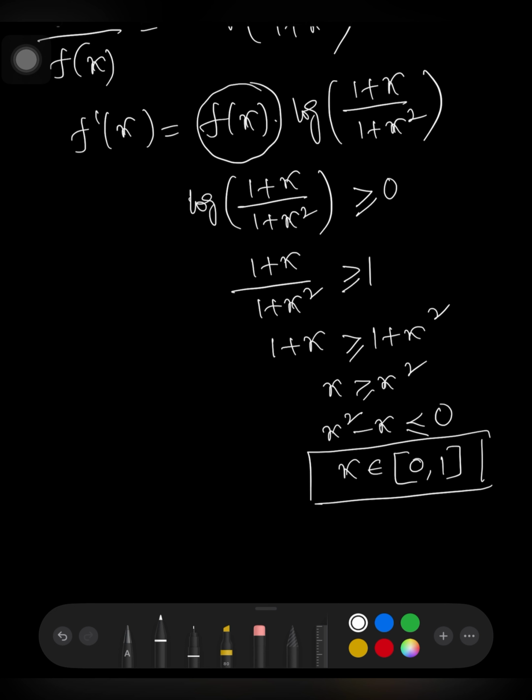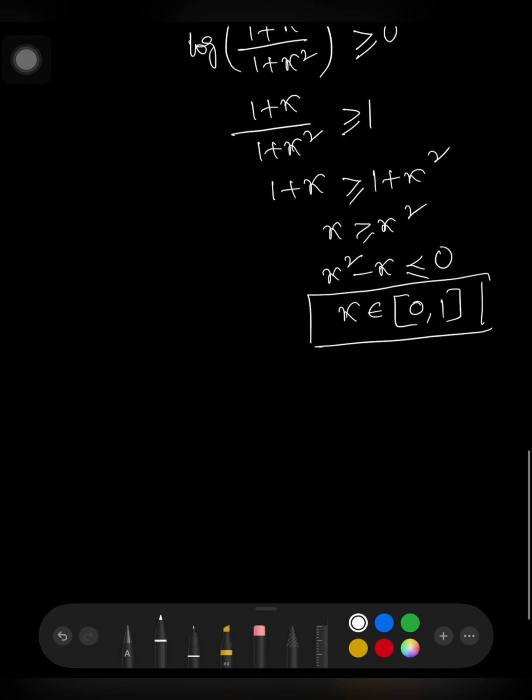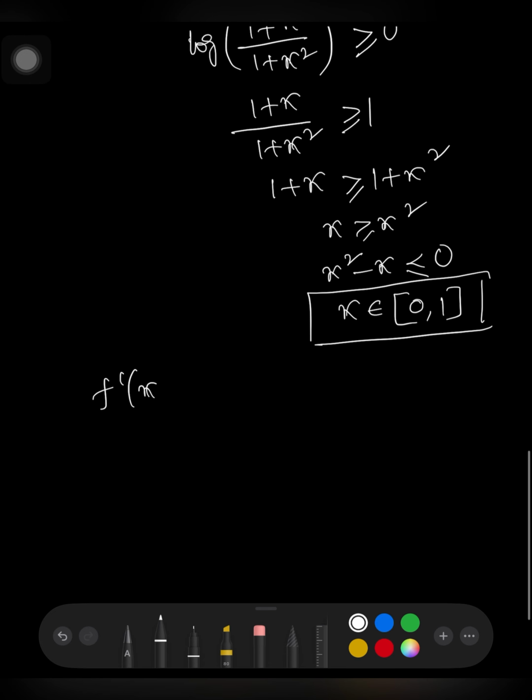So in case of x belongs to the closed interval 0 to 1, the f dash of x value is always greater than or equal to 0. So f of x is an increasing function in x belongs to the closed interval 0 to 1.